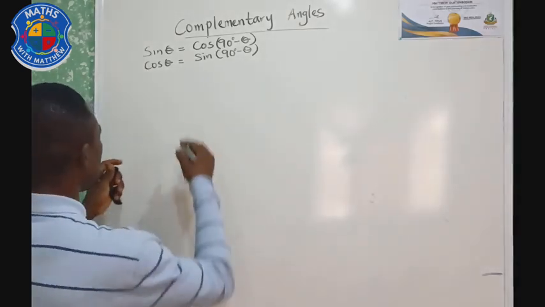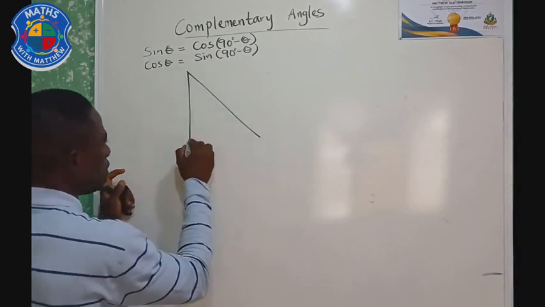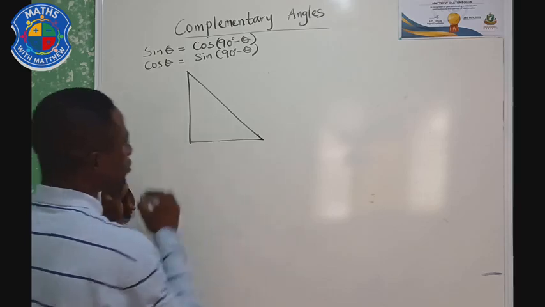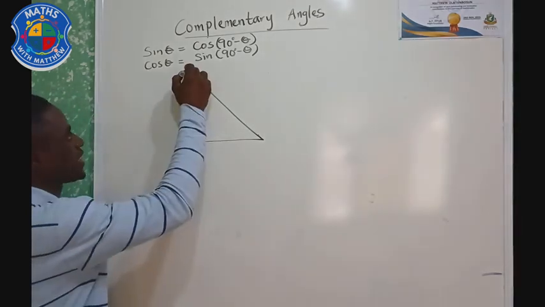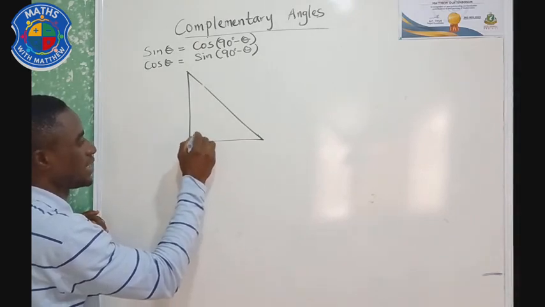Now let's take a look. When we have this, we have a right angle triangle. This vertical line and this horizontal line are forming an angle of 90 degrees, right?